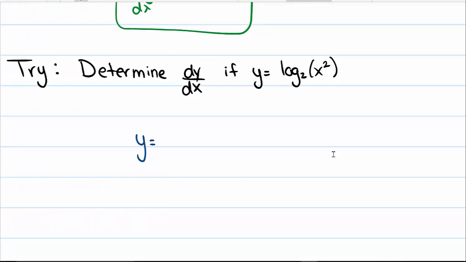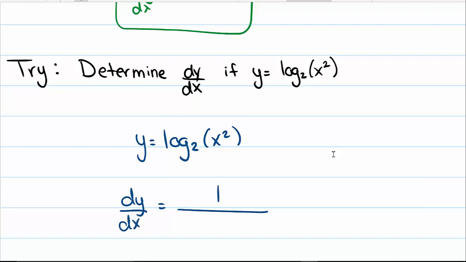So y is equal to log base 2 of x squared. So dy dx is equal to 1 divided by the inside piece, so this piece right here, 1 divided by x squared, times ln of the base.